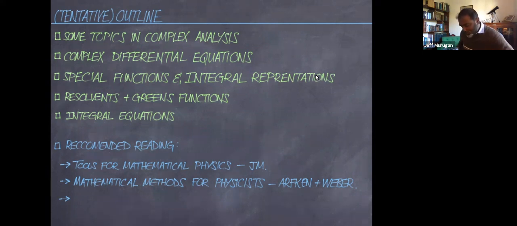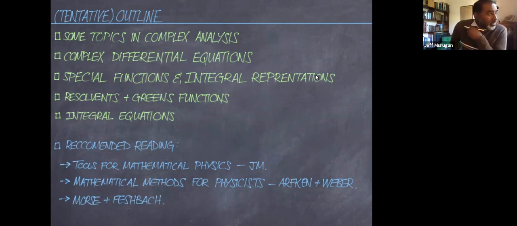The book that does, and everybody just knows it by the authors, is Morse and Feshbach. And much of what I'm going to be telling you about is an adaptation from Morse and Feshbach. So Morse and Feshbach is not easy reading. It's certainly not a first reading in mathematical physics.